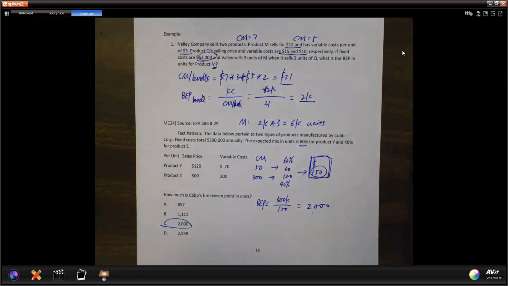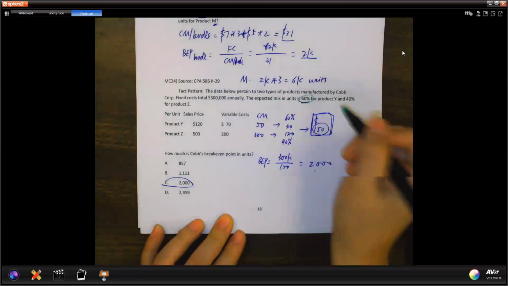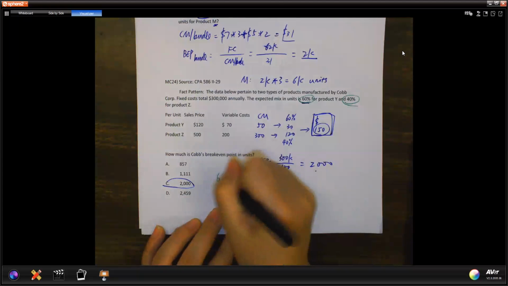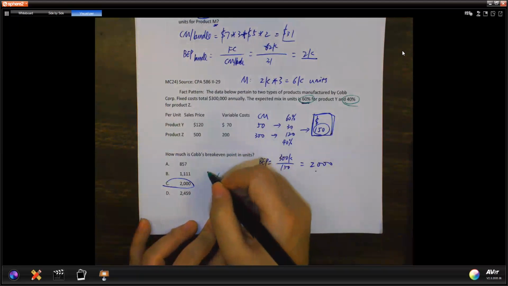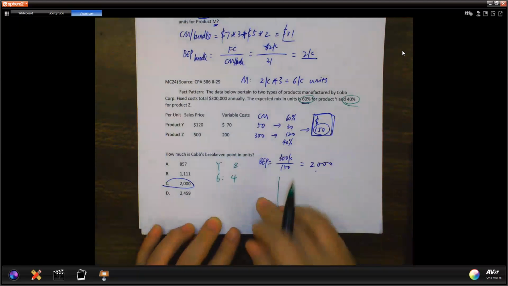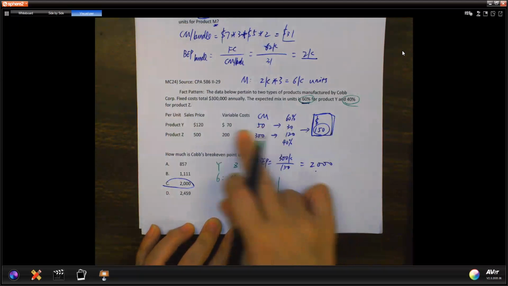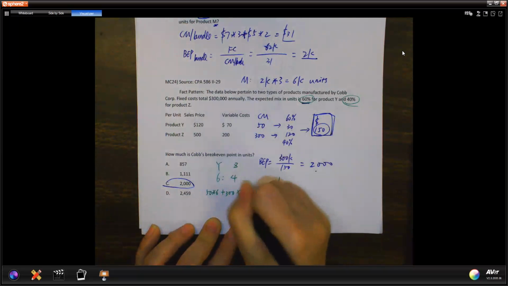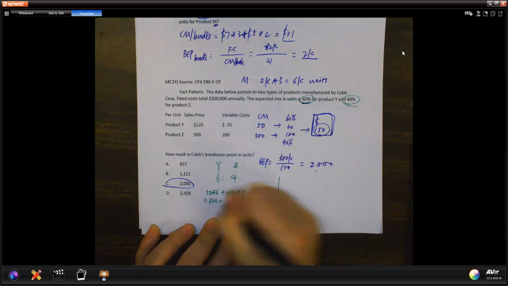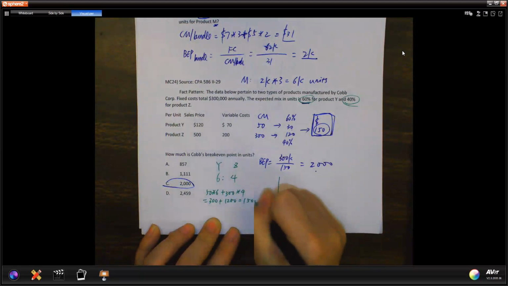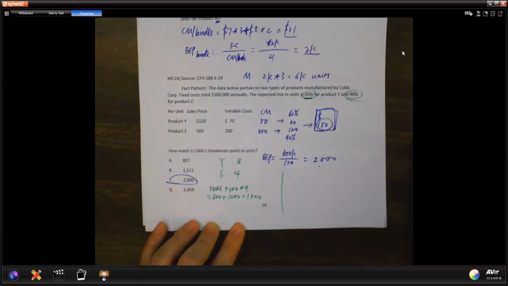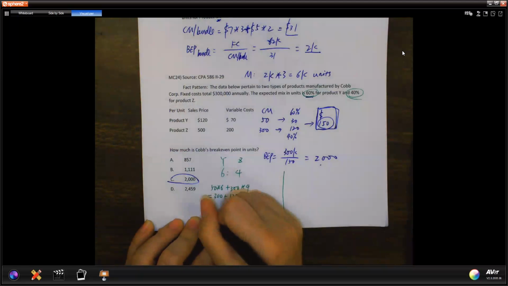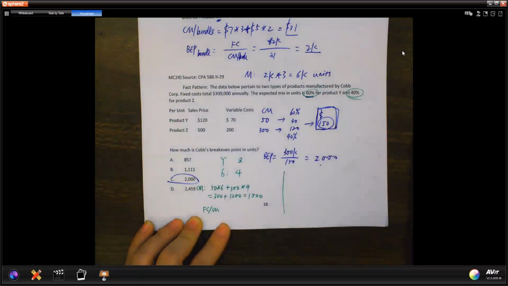How about if we just use a ratio? The two ways are 60% and 40%, so we can just do 6 to 4 for product Y and product Z. The contribution margin for our bundle will be 50 times 6 plus 300 times 4, so 300 plus 1,200 is 1,500. The bundle break-even is fixed cost divided by the contribution margin for that bundle.